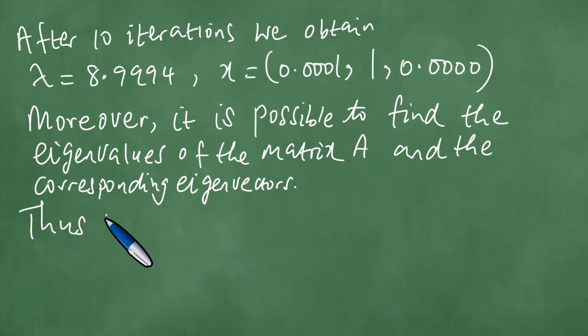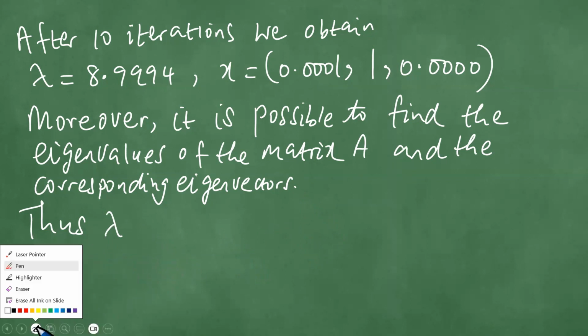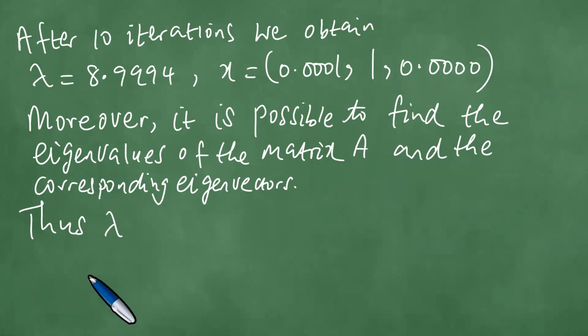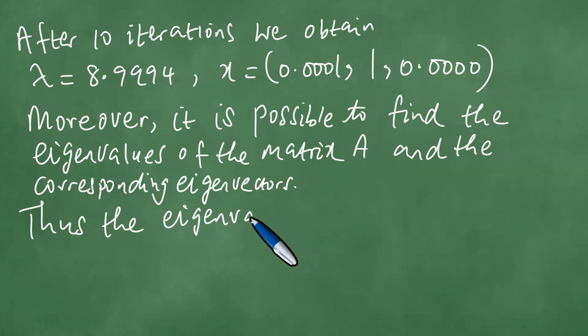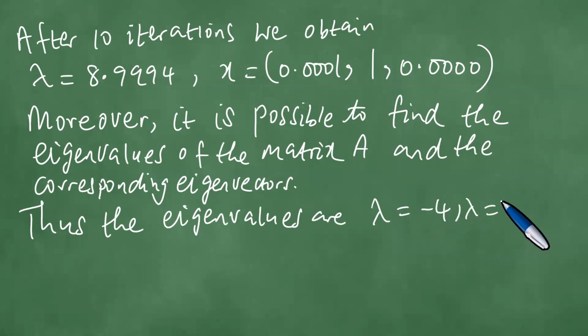Now, with this said, let's just say that thus the eigenvalues are lambda equals -4, lambda equals 3, lambda equals 9.